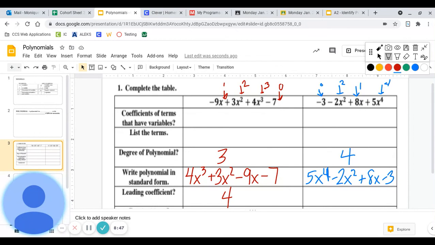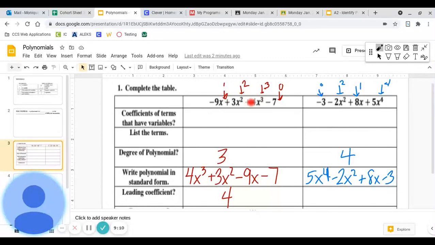In technical terms, the leading coefficient is the coefficient of the greatest exponent. So you don't have to have it in order again, but you do have to go look for that greatest exponent, 3, and then take the coefficient of that term and the sign. So be careful with the sign.